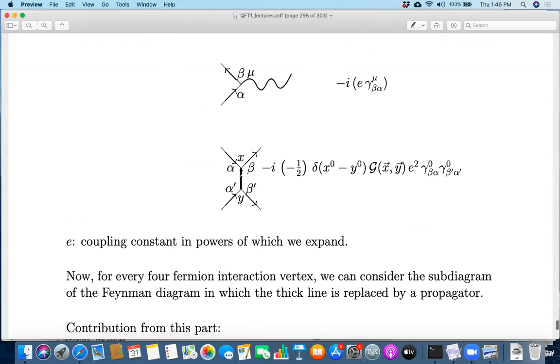This we should keep in mind. It is just a way of denoting this single vertex to ensure that there are two integrals to be done. There is an integral associated with this vertex and an integral associated with this vertex, a d cube r and a d cube r prime. But in order to make life simple, I have also introduced a delta function, which tells us that the times of this vertex and this vertex are the same. With this delta function being part of the vertex, I can now do the full integral over d4x and d4y.